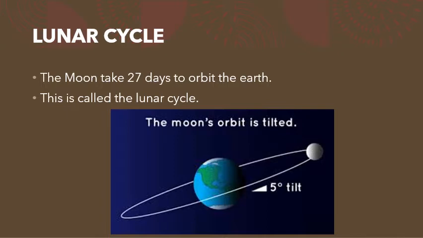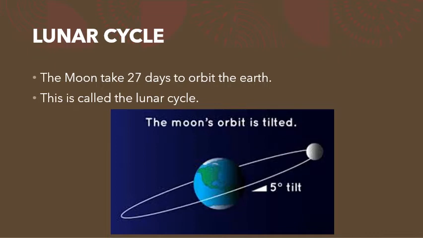As the moon goes around the earth, it means it revolves around the sun also, right? Because the earth is always going around the sun. So the moon with the earth will go around the sun also.